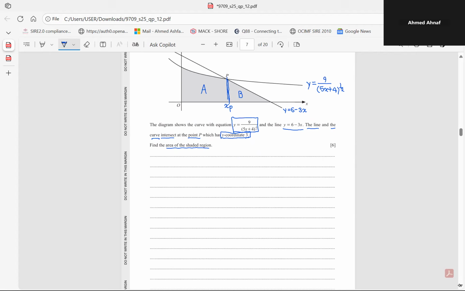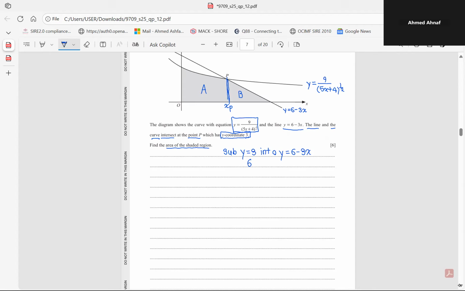To do that, we're already given the y coordinate 3, and we know point P is just the point of intersection of the two curves, so it exists on both the curve and the line, so you can just substitute into either one. In this case, I'm going to go for the line. So sub y equals 3 into y equals 6 minus 3x.